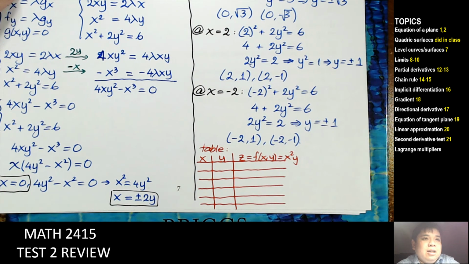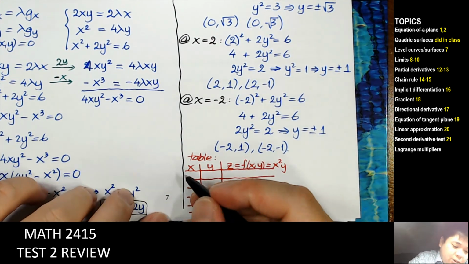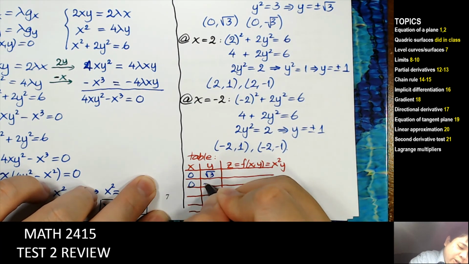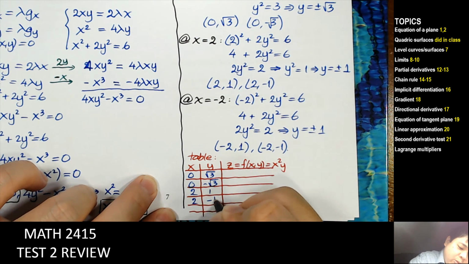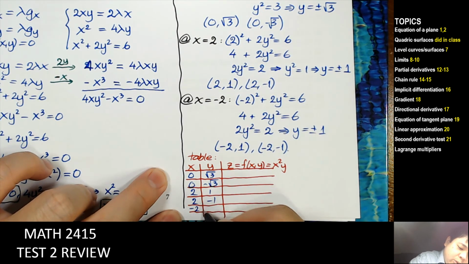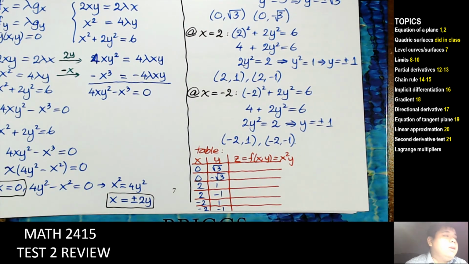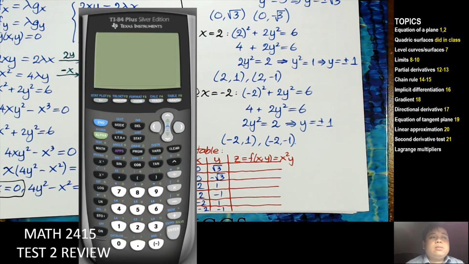Right. Now the points. 0, square root of 3, 0, negative square root of 3, 2 and 1, 2 and -1, -2 and 1, -2 and -1. So all those points. Again, I'm going to use the calculator here.